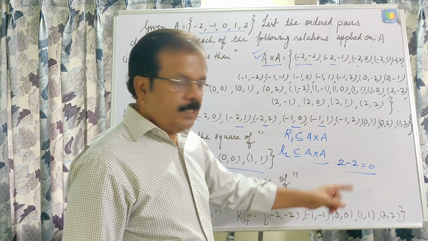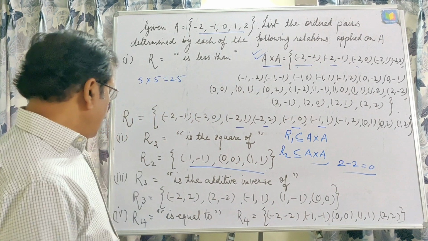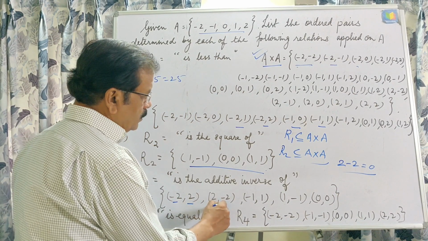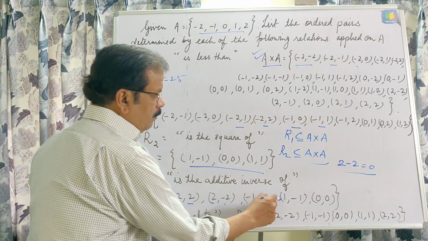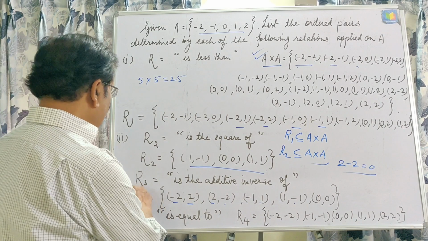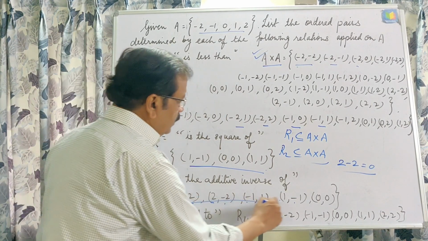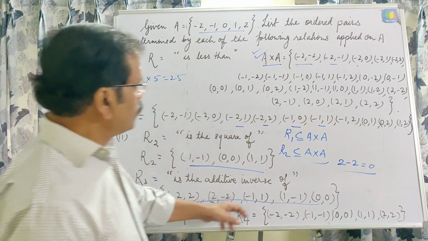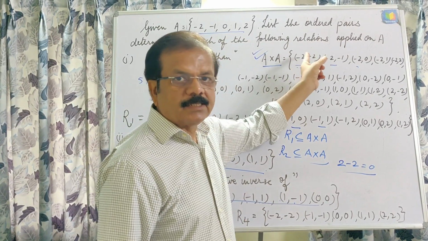Okay, and this way the additive inverse of -2 will be 2, of 2 is -2, of -1 is 1, of 1 is -1, and 0 will be 0 itself. And these are the relation. You can see these 5 ordered pairs also belong to this Cartesian product.